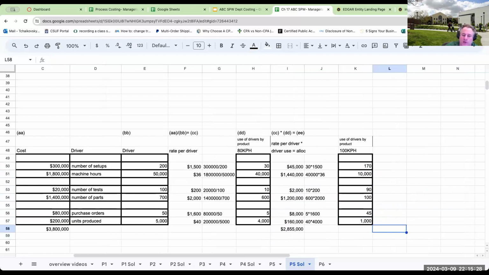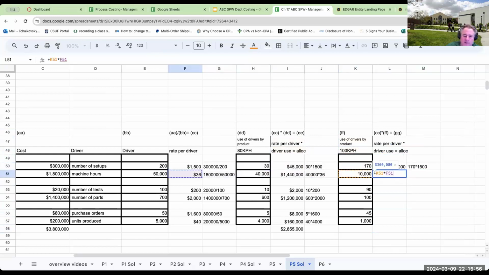Let's go ahead and look at the other one over here. I'm going to call this use of drivers, call that FF. When I take the rate per driver and multiply that by the use of the driver, I'm going to get my allocation. So here I'm going to take 170 and multiply it by 1,500.